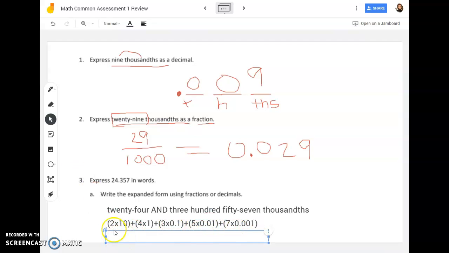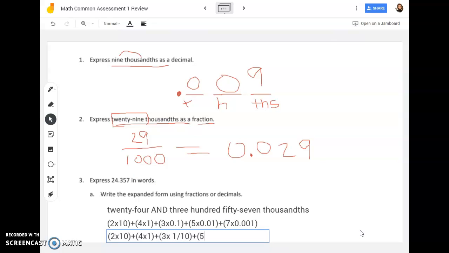So we would still have 2 times 10, because we still have 2 tenths, plus 4 times 1, because there's a 4 in the ones place, plus, all right, now we have our 3 in the tenths place. But this time we're going to write the fraction 1/10. That's what 1/10 looks like.